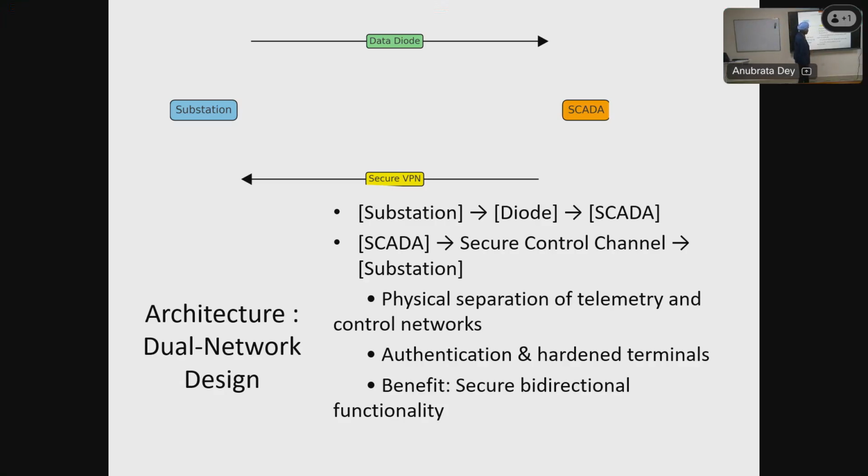Obviously, through the secure VPN you have some authentication, so it's a secure bidirectional functionality, and you could limit what SCADA can do in the substation.